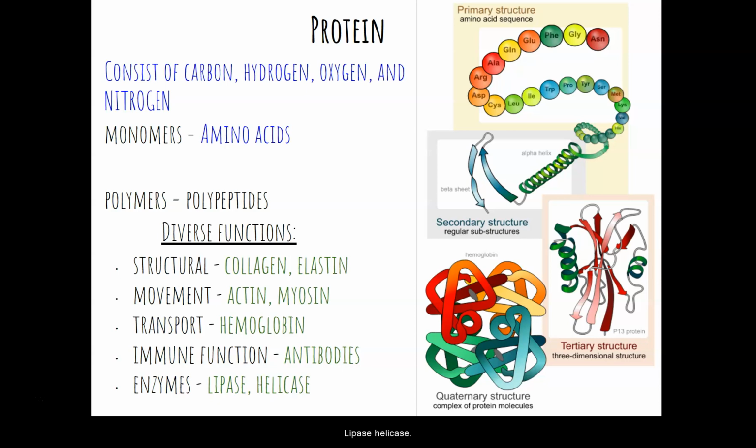So lipase, helicase. Notice ASE means enzymes. Every single chemical reaction in your entire body is modulated by its very own enzyme. So there are very, very many enzymes, and each enzyme has its own unique primary structure, its own unique amino acid sequence.